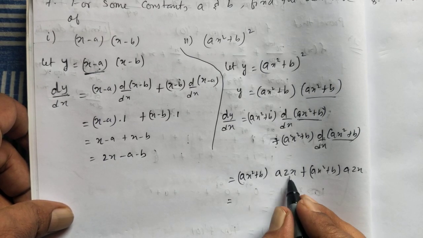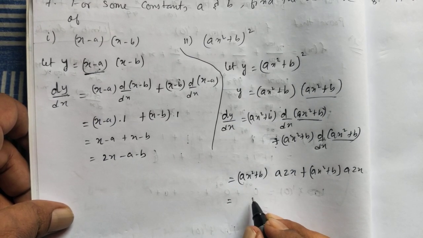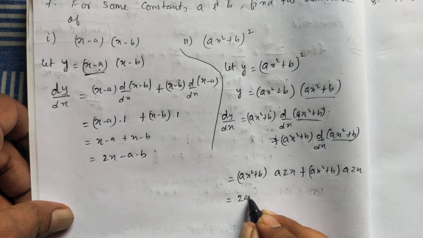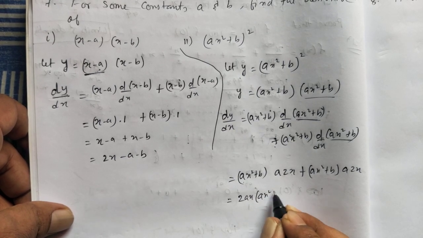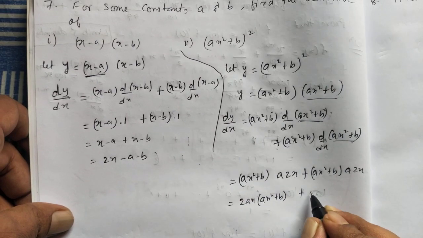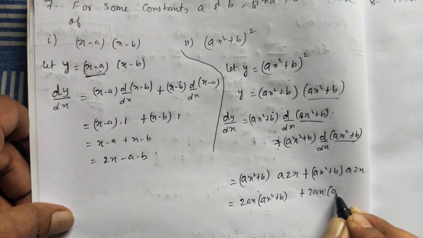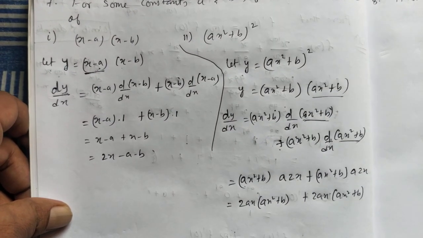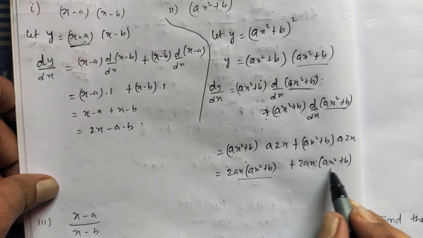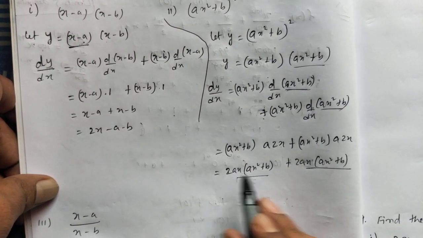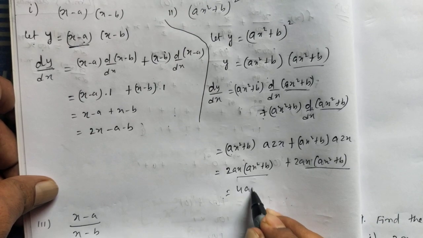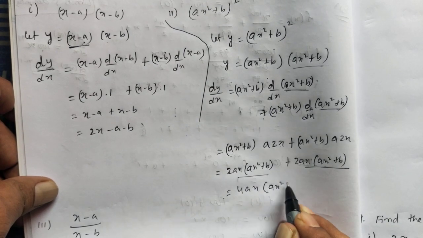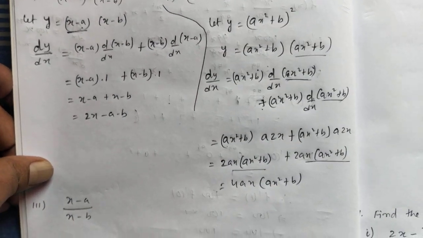If I multiply these two, you can write 2ax, these are same only, so 2 plus 2 will be 4ax square plus b. This is the answer.